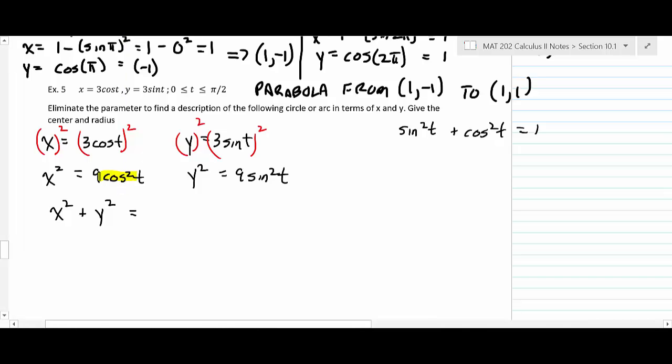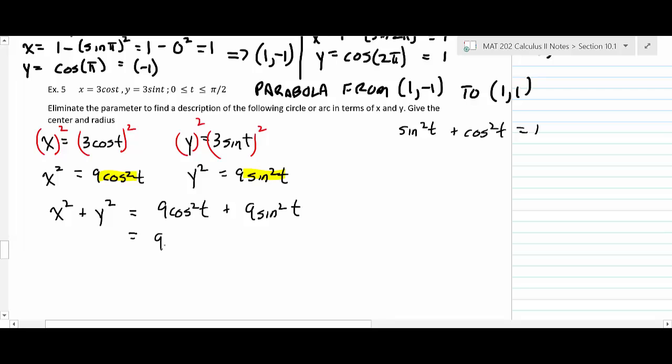This is what x squared is, and this is what y squared is, so I'm just adding those two together. The reason for that is knowledge of conic sections primarily. So this is going to be 9 cosine squared t, and this is going to be 9 sine squared t. And then we're just going to put this together like this. Okay, so let's see what we have.